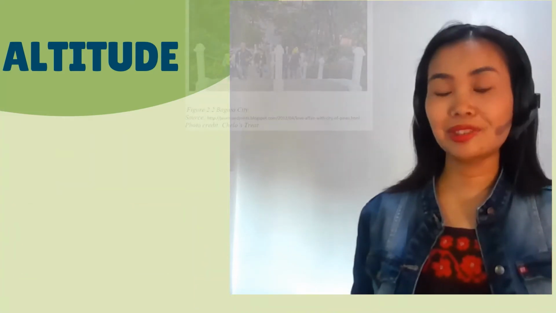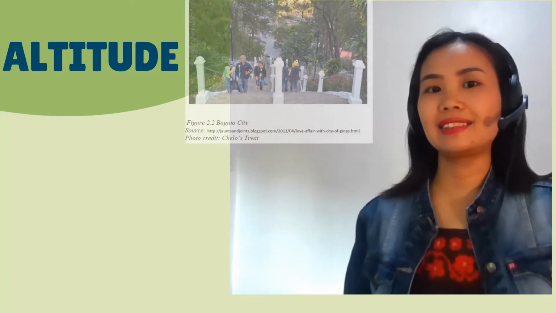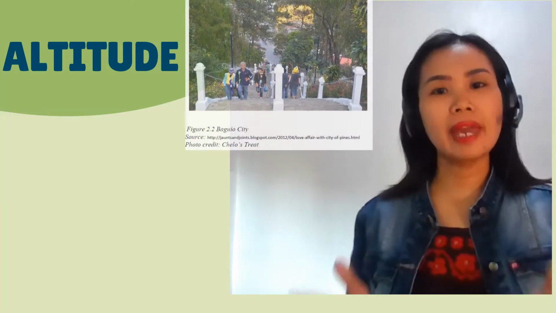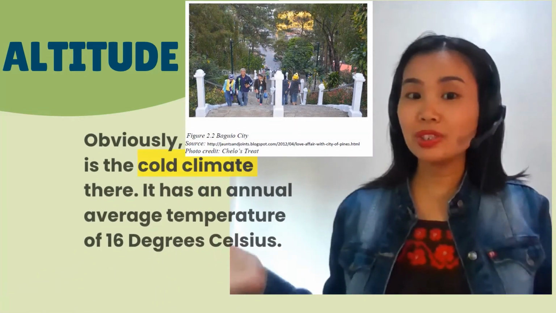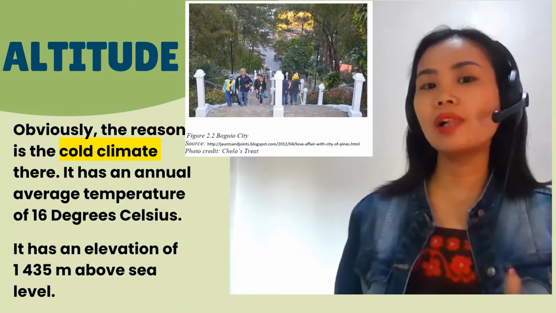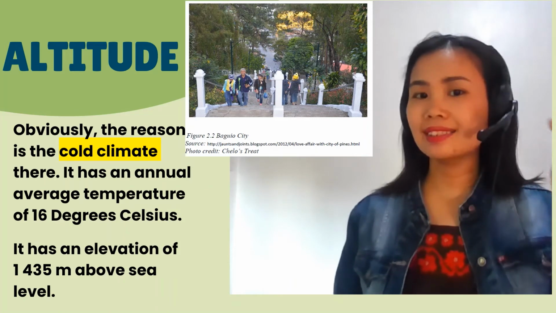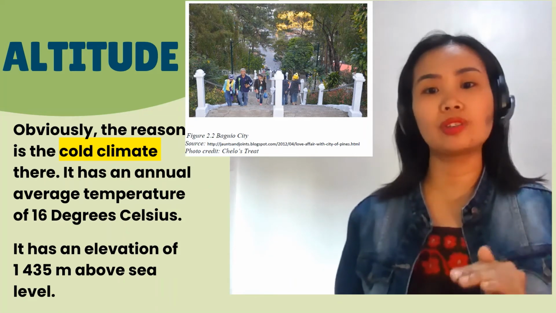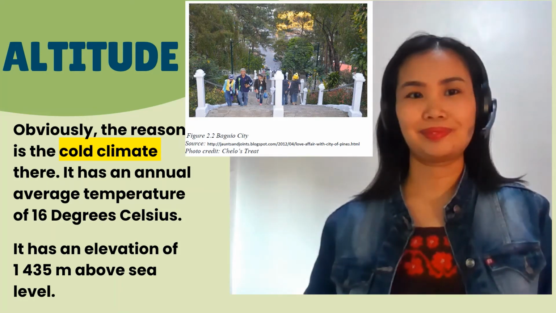Now this time, try to refer to our figure 2.2. Why is it that during summer, many people visit Baguio City? Obviously, the reason is the cold climate there. It has an annual average temperature of 16 degrees Celsius. It has an elevation of 1,435 meters above sea level.